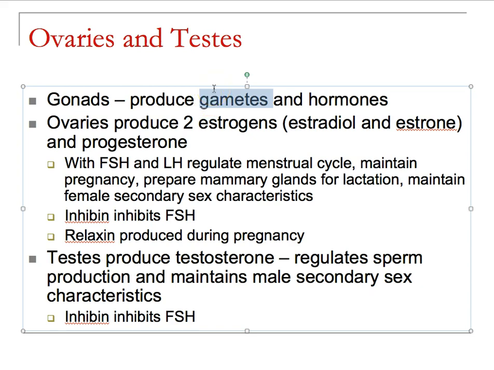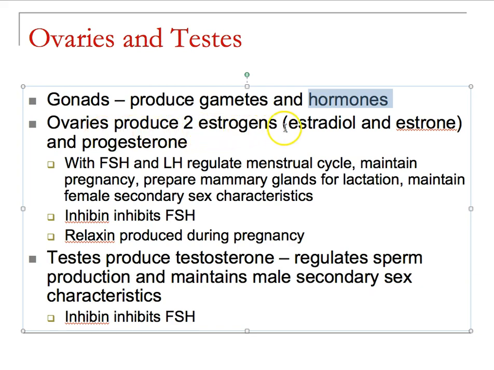So if a normal somatic cell inside the body has 23 pairs of chromosomes, all gametes have 23 chromosomes, and they are haploid. The gonads also produce hormones, and those hormones are specific to the sex.